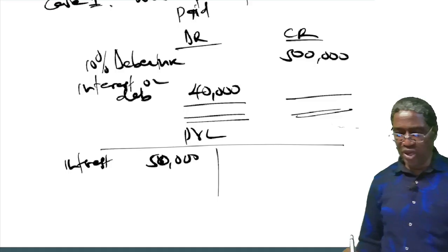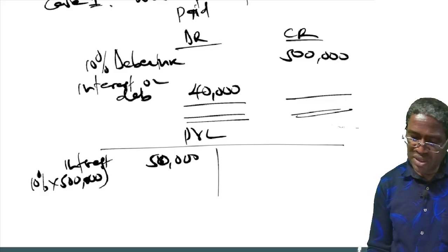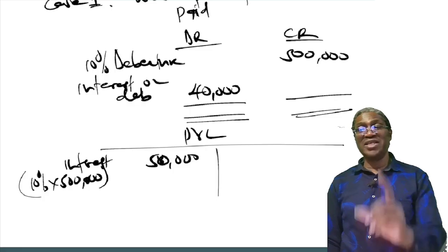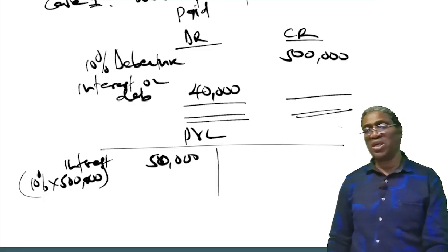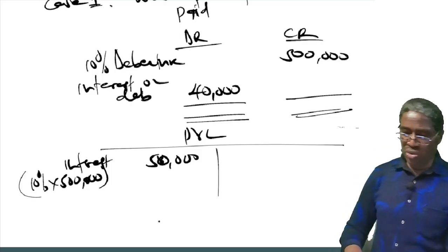I hope you will not forget. We are getting it by taking 10% of 500. It's not what you have paid that goes to the P&L. No, it is the charge for the year, because we are following a concept called accrual concept.